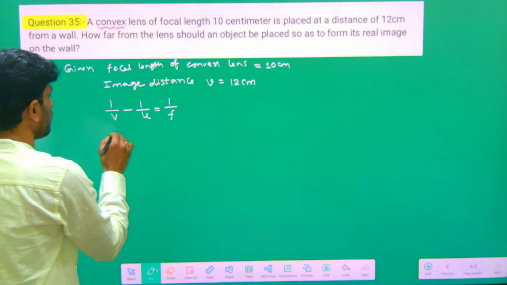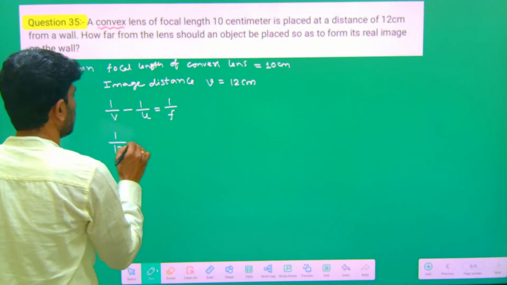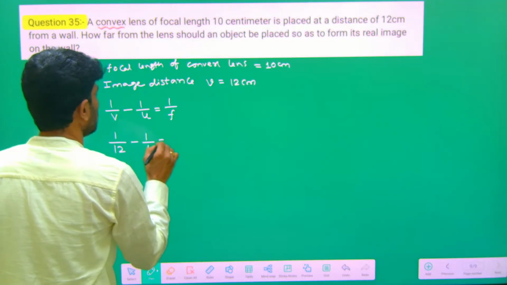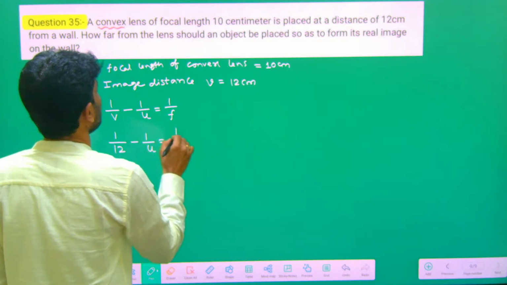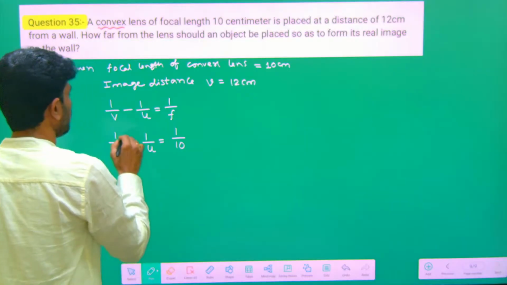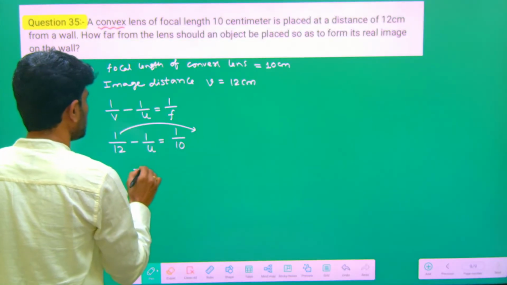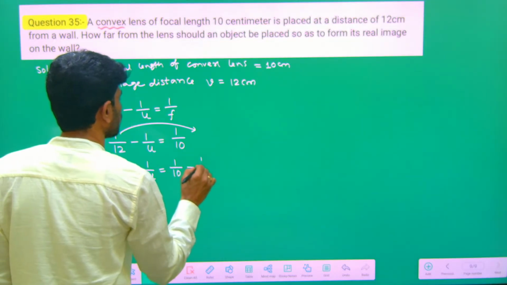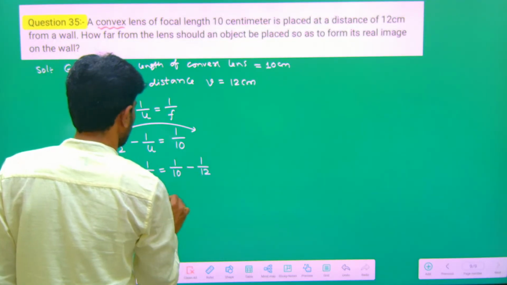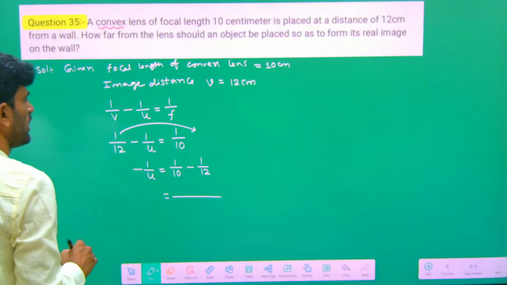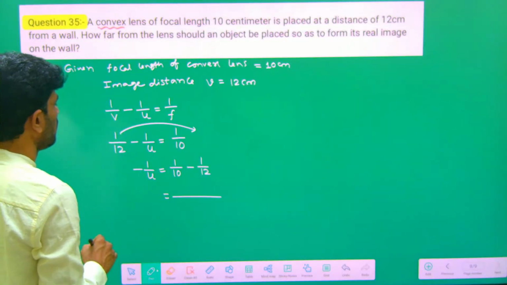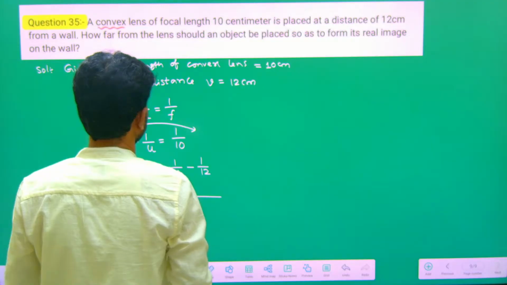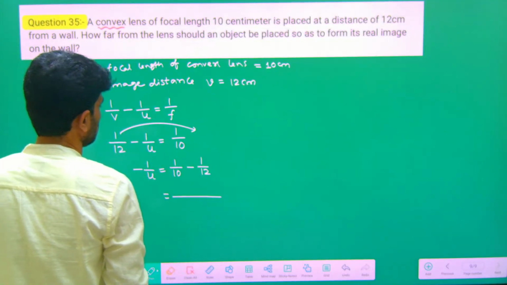Now let us substitute here: 1 by 12 minus 1 by u is equal to 1 by 10. Now we transpose 1 by 12 to that side, then minus 1 by u is equal to 1 by 10 minus 1 by 12. Now the LCM of 10 and 12, how much is it? 60.